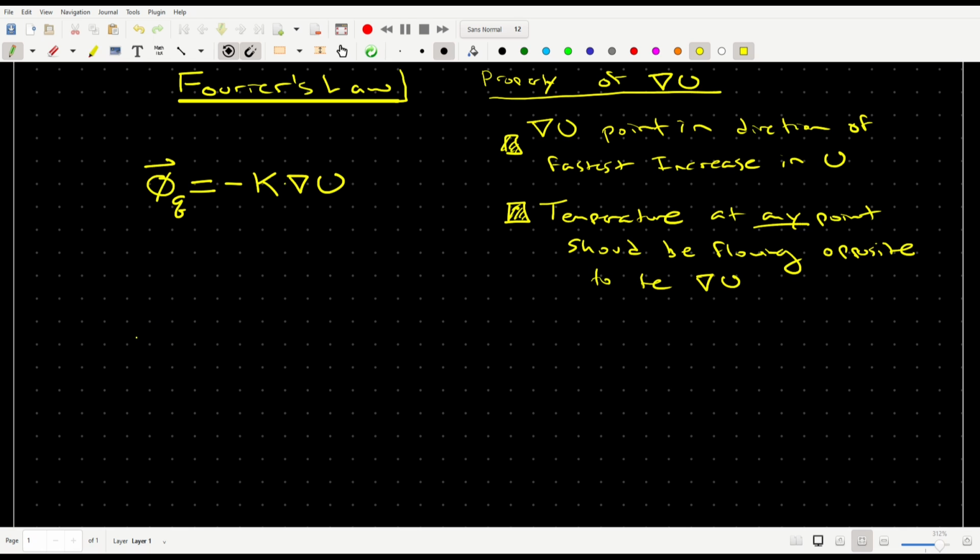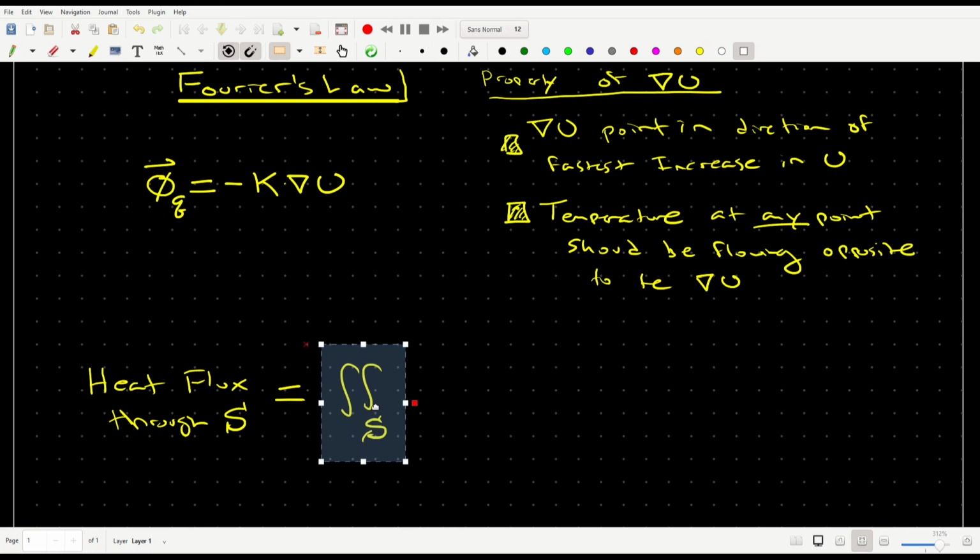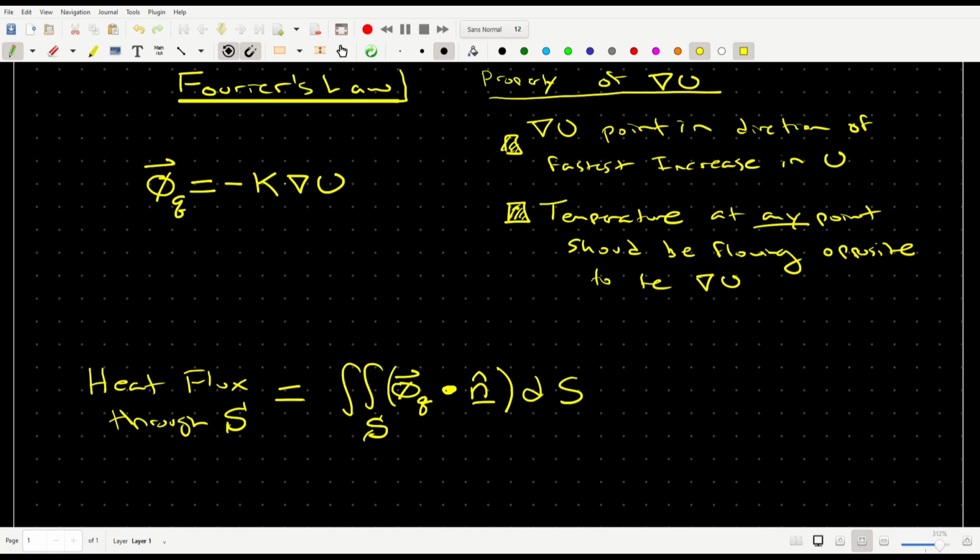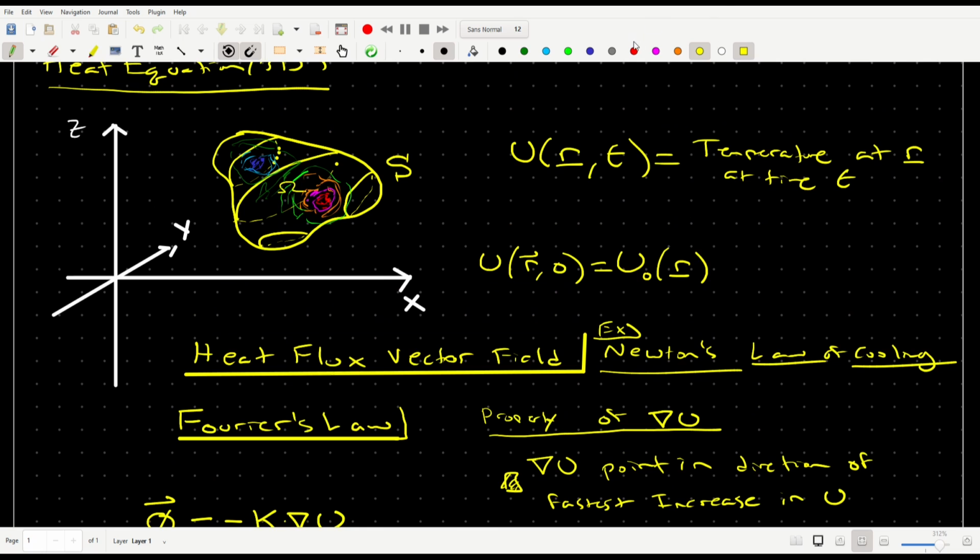So the total amount of heat flux through the surface S, which is the boundary of some region omega, is going to be equal to the surface integral over the surface S of the heat flux vector field dot product with n hat, where n hat is just the unit normal vector field to the surface.